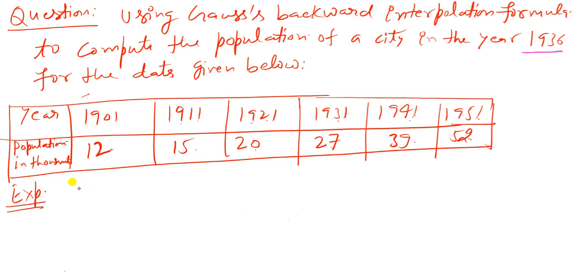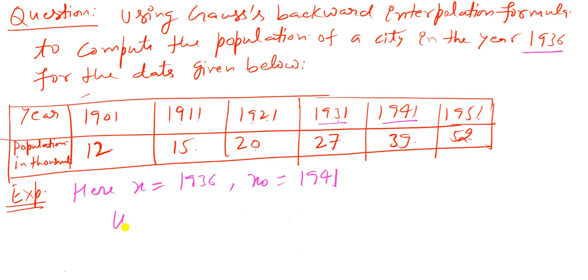So here x is equal to 1936, which lies between 1931 and 1941. Because we apply the Gauss backward interpolation formula, I am taking x naught equal to 1941.